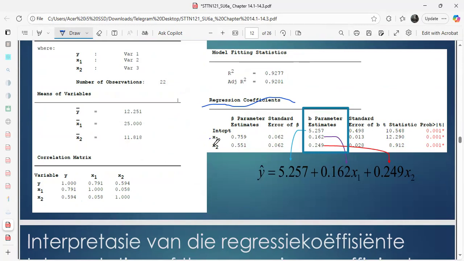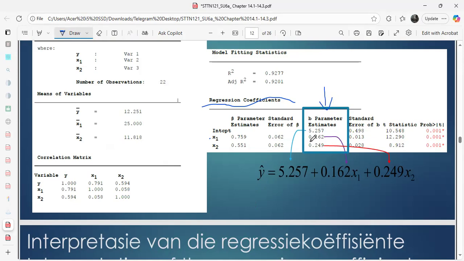It means that X1 goes with B1 and X2 goes with B2. That's the reason why after putting the value of B1, you have to put X1, and after putting the value of B2, you have to put X2. And for you to get the values for this equation, you're going to get them here under the parameter estimates.